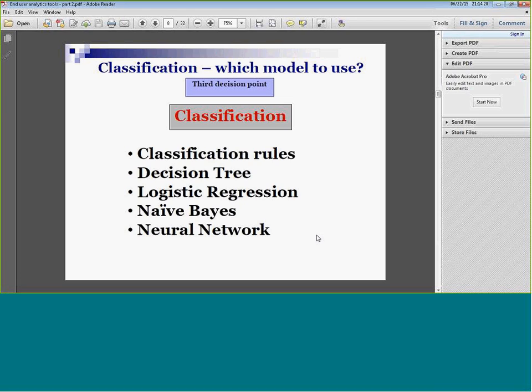The main ones that are used often in the world are decision tree, logistic regression, and neural network. Logistic regression is a form of regression designed for classification problems, or problems where we have categories as the output. Those are the main three.